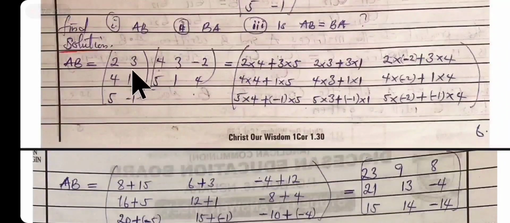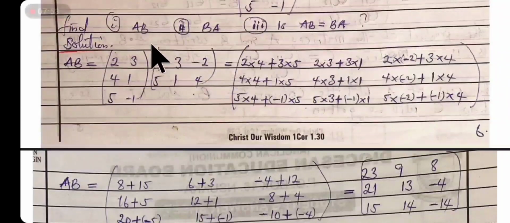This is 2 times 4 plus 3 times 5. That is what we have here. 2 times 4 plus 3 times 5. Okay, so that gives us this first entry. Alright, so to get the second entry, 2 times 3 plus 3 times 1.